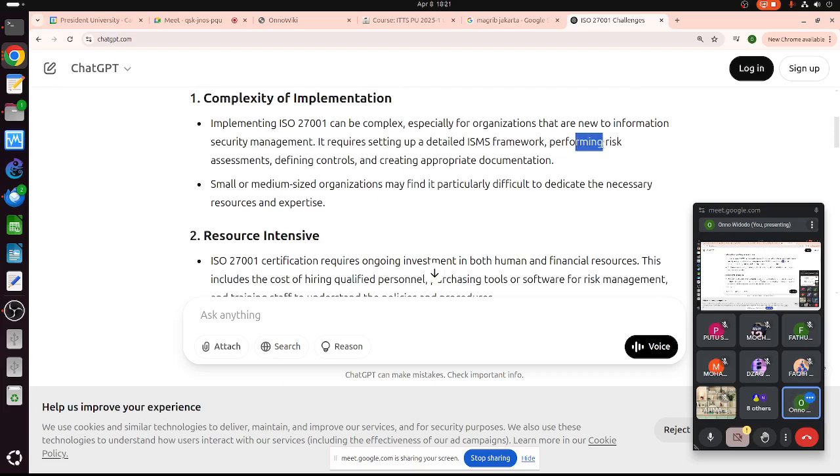It performs risk assessment, defining controls, creating appropriate documentation, and so on. So it's quite complex, and for small medium organizations may have some difficulty to do these things because this is quite complex.